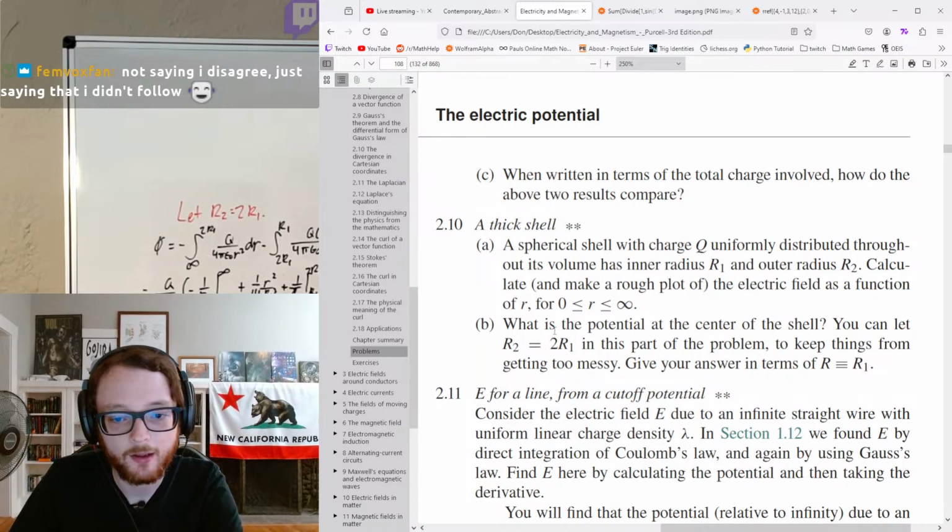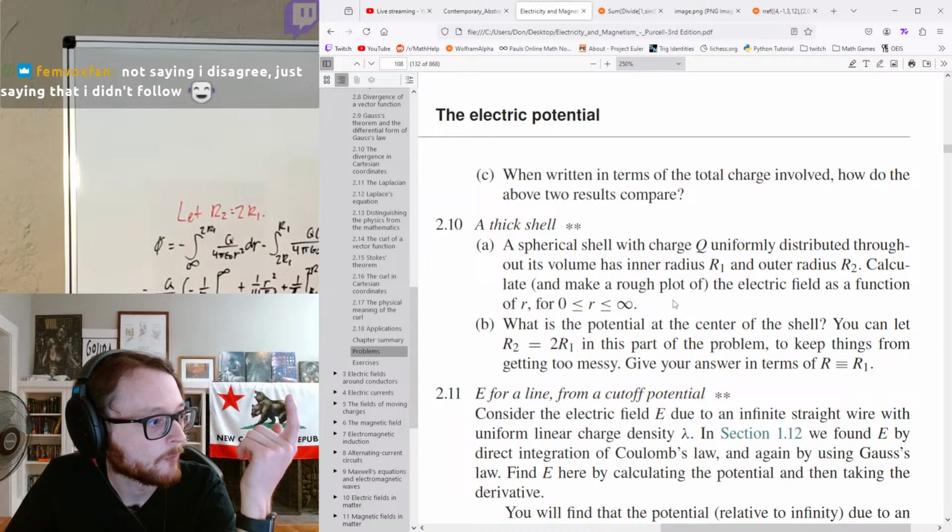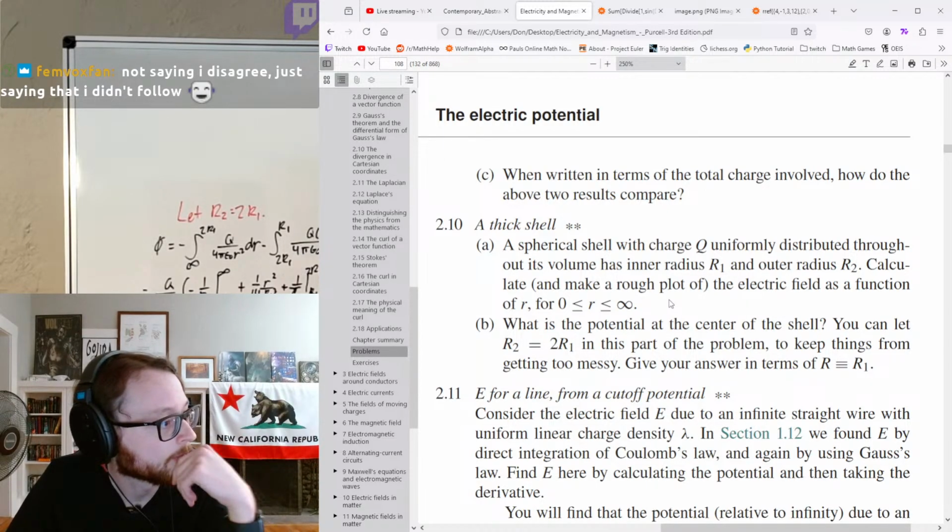Okay, well, the idea is I want to integrate from infinity to 0 to get to the center of the shell. But the field changes depending on the value of r, so we have to split it into 3 different integrals, but one of them is 0, so I didn't write it.